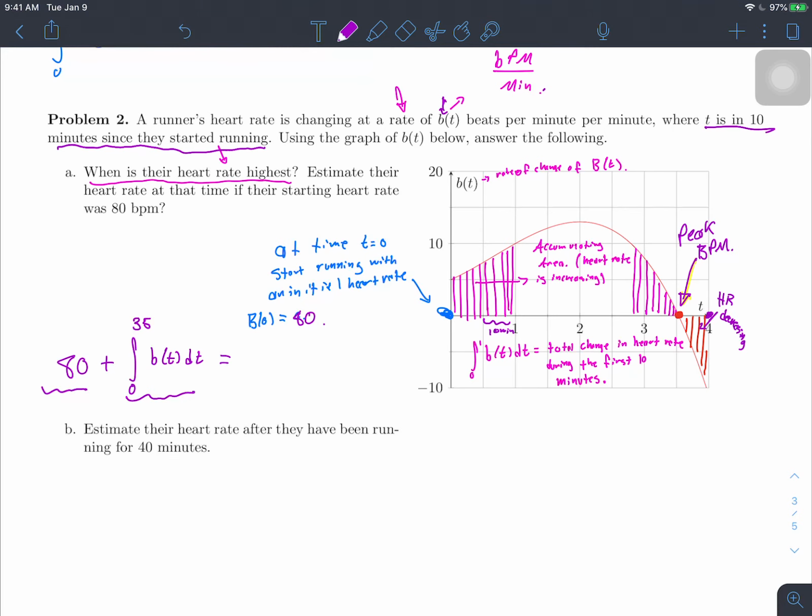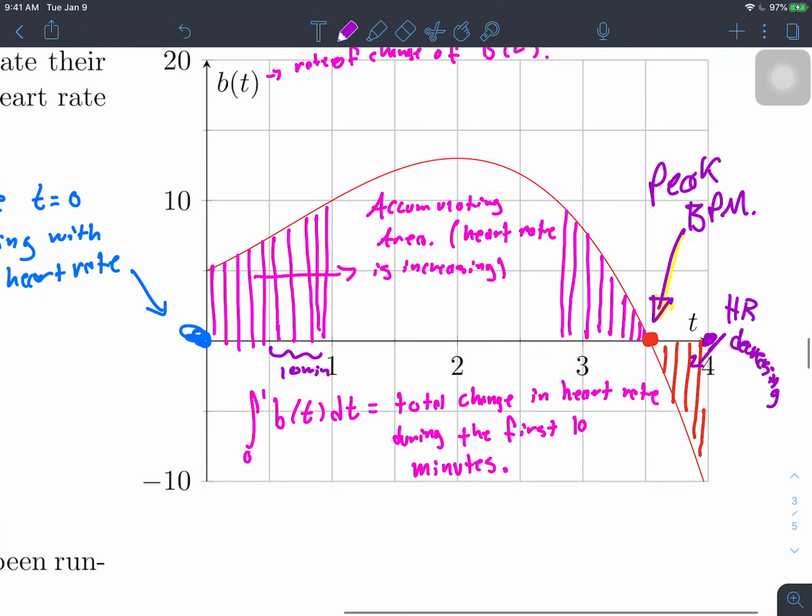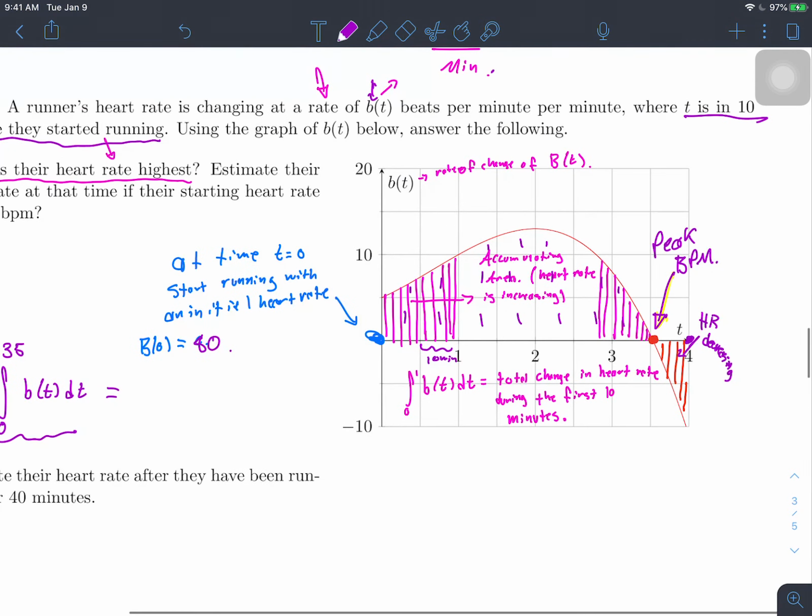And what we're going to get is 80 plus whatever this area is under this curve here. So let's count some boxes. I count 1, 2, 3, 4, 5, 6, 7. These two together make 8, 9, 10, 11. These two together make 12. And these three together make 13.